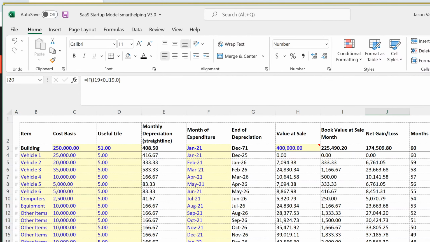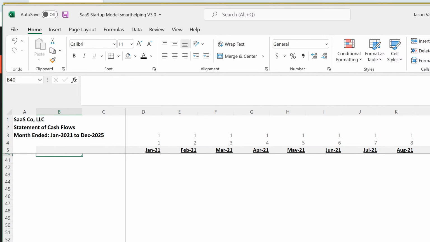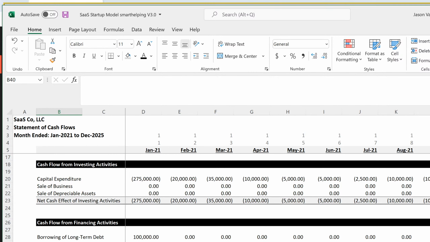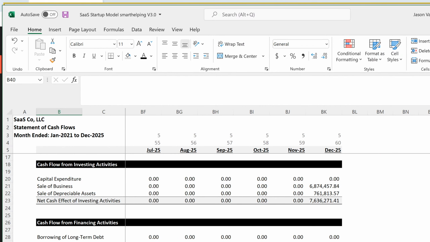Let's go to our SAS model here. Just trying to find any kind of incongruency that will lead me to the solution. Now here, 7.6, okay, I think we might have incongruency here, hopefully.